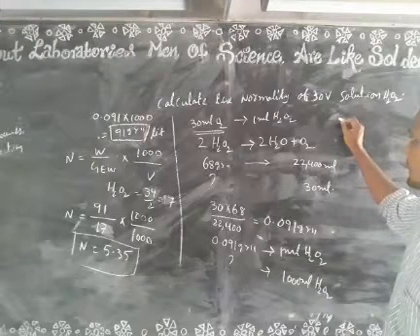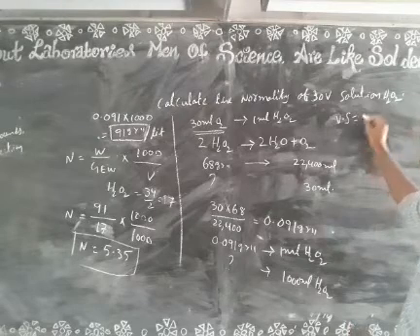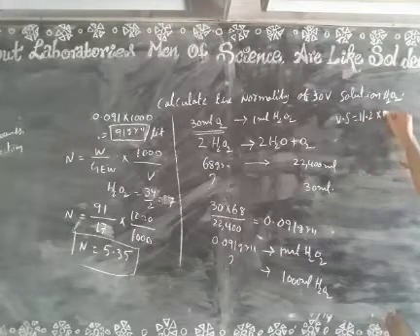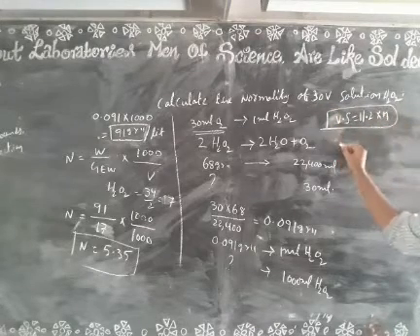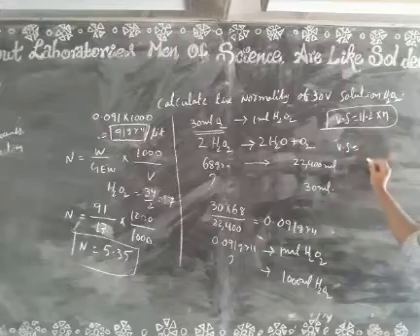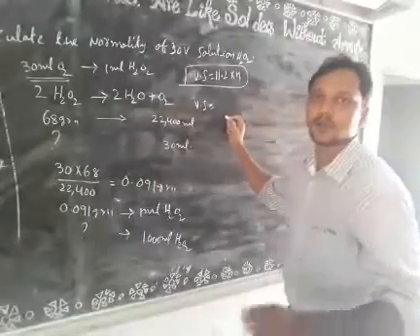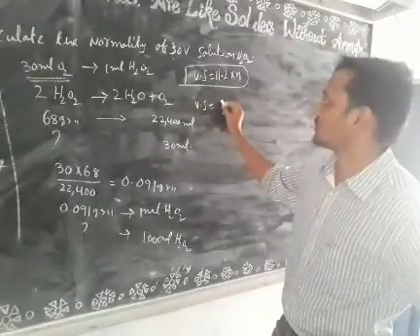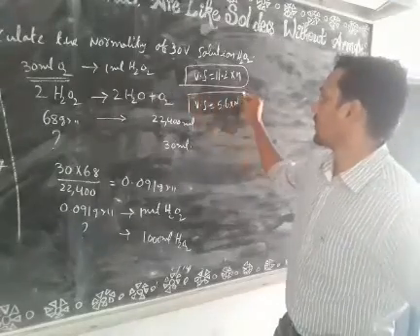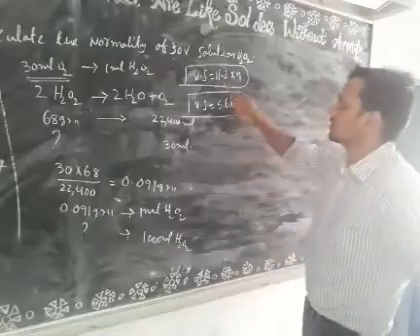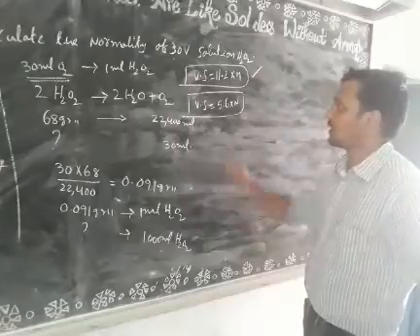Volume strength equals 11.2 into molarity when molarity is asked, and volume strength equals 5.6 into normality. If volume strength is given, you have to follow this, and if normality is asked, you have to follow this.